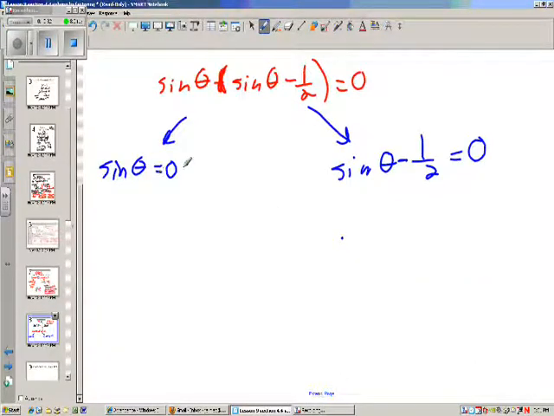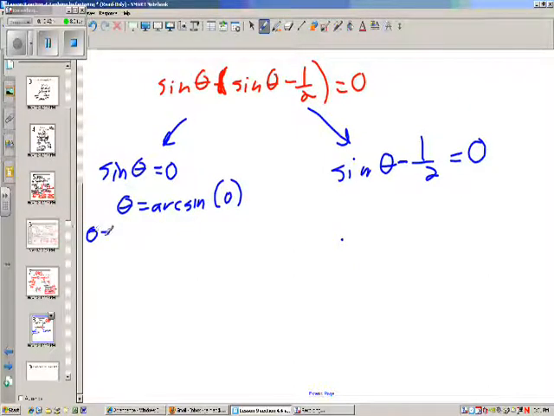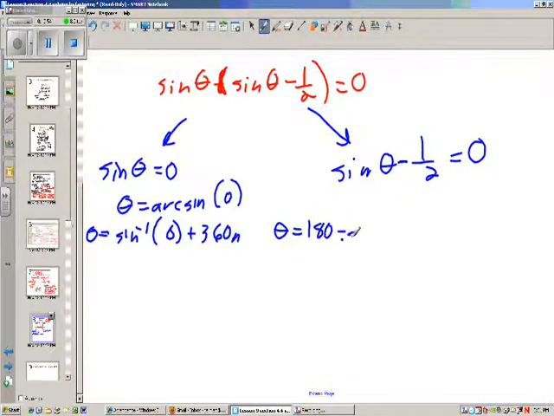So I take the arc sine of both sides, so theta is the arc sine of 0. The arc sine of 0 has theta equals the inverse sine of 0 plus 360n. It also has theta is equal to 180 minus the inverse sine of 0 plus 360n.